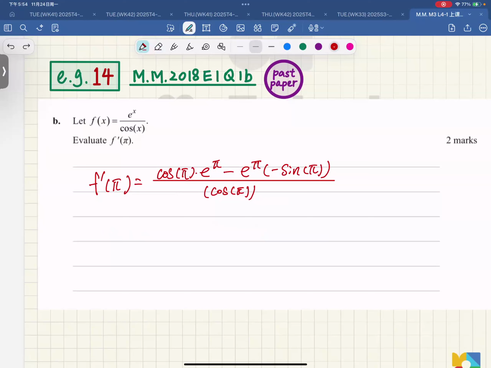Algebra again. You cannot cross out the cos pi, you can only substitute the value in. So cos pi is equal to negative 1, from the graph. So we have negative 1 times e to the power of pi, minus e to the power of pi times negative sine pi.